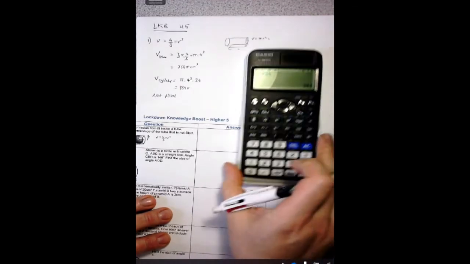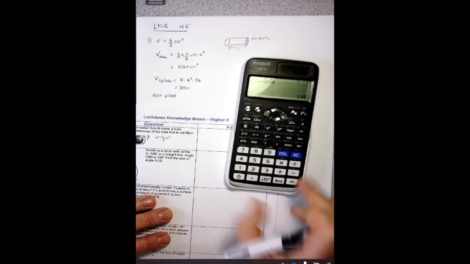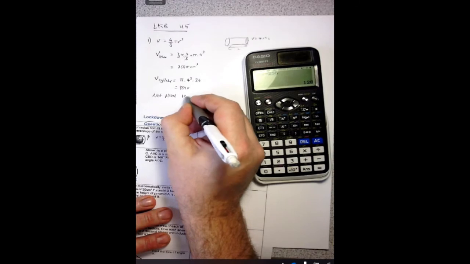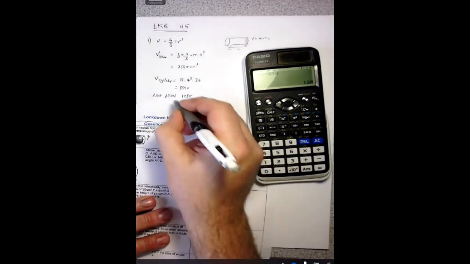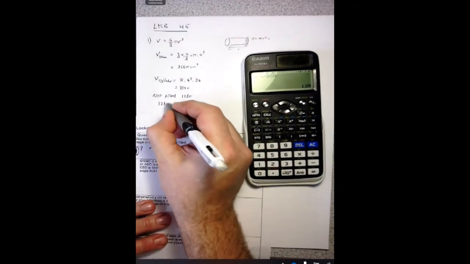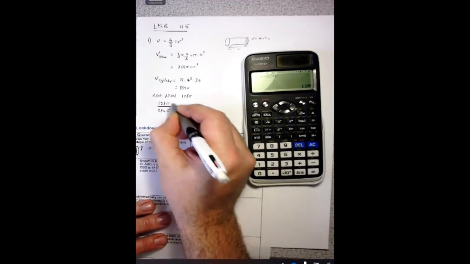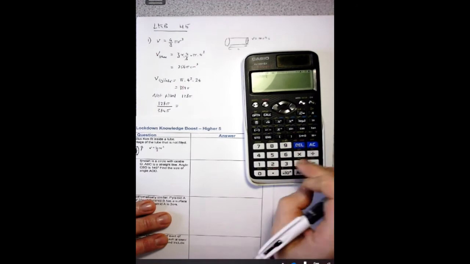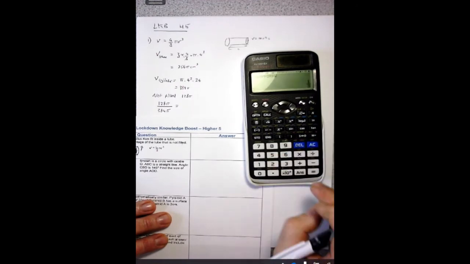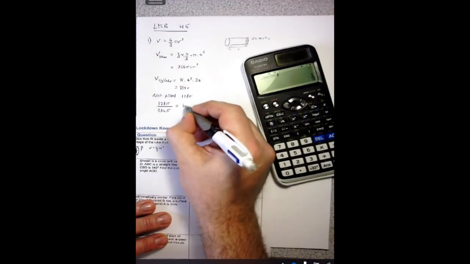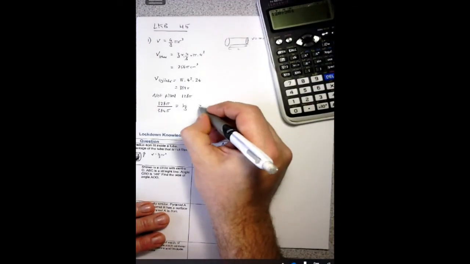It wants the percentage, so I'm going to go for 33.33% to 2dp. Of course, if you don't know that 1/3 is 33.3%, you could times that by 100, turns it into a decimal, but I'm pretty sure we know that 1/3 is 33.33%. So that's question number 1.